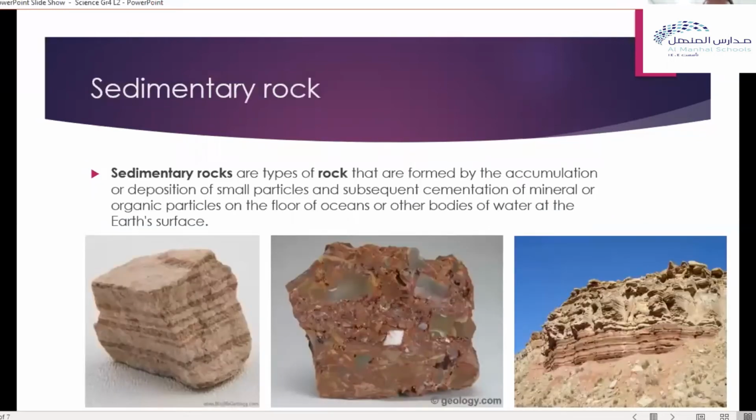So the crust can be melted, or the mantle can be pushed up to the surface, and the rock melts and is spewed out, called igneous rock. The second type of rock that we can see is called sedimentary rock. Sedimentary rocks are formed by the accumulation of small particles and substances, and cementation of minerals or organic particles, on the floor of oceans or other bodies of water at the Earth's surface.